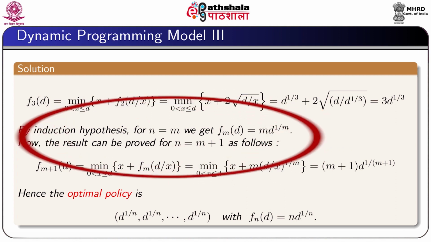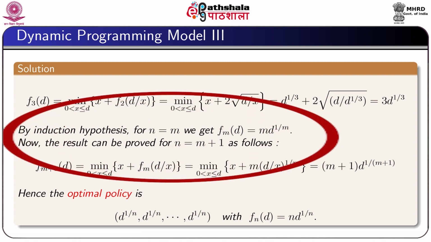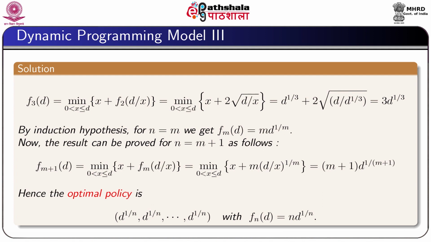By induction hypothesis for n equal to m, we get fm d is equal to m d to the power 1 by m. Now, this result can be proved for n equal to m plus 1 as follows.